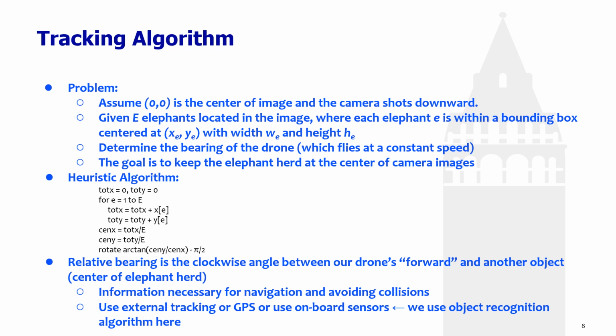After finding the average, we now have the center of our elephant horde. Using it, we can use relative bearing to maintain our position in the center of the elephant horde instead of just staying in one position.